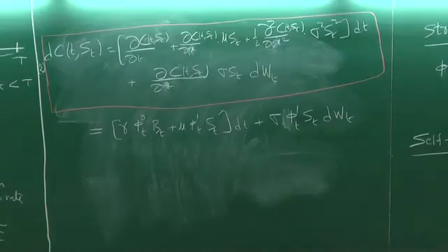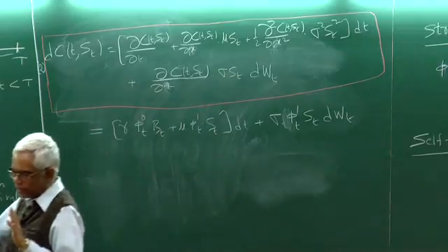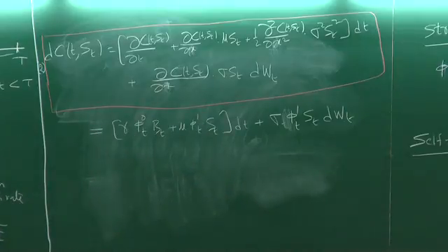Now equate the dt term and equate the dW_t term. You can do that. Why? The dW_t term, as Srikant must have explained to you, is basically a stochastic integral. A stochastic integral is always a martingale by definition, and the dt integrals, if you find it technical, never mind, are a process of bounded variation.